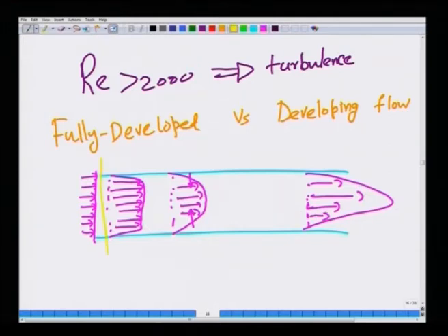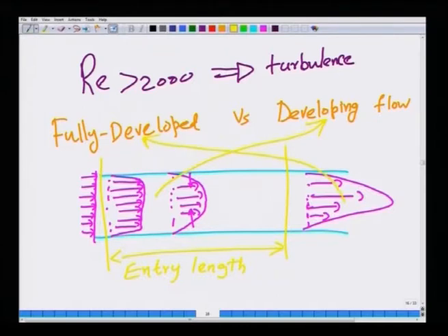Now, the length required for this to happen is called the entry length, and in this entry length the flow is called developing, from an initial velocity profile which is almost uniform to the eventual parabolic velocity profile. This is the fully developed profile, the parabolic velocity profile.